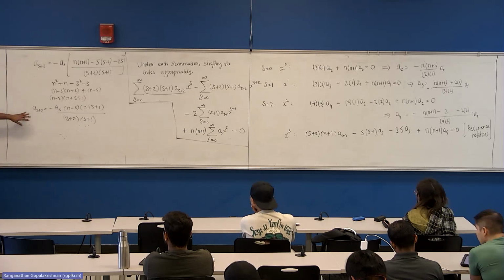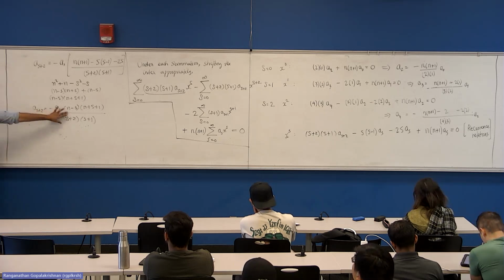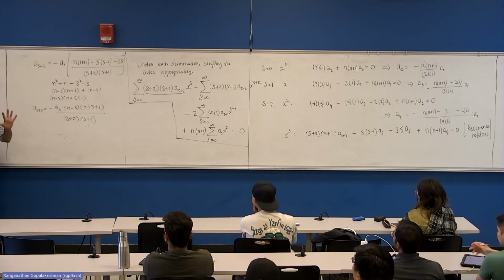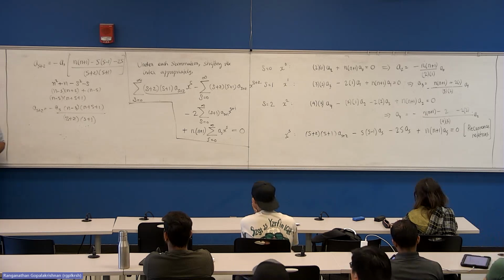So this is our recurrence formula, which sort of describes future values or later values of the coefficients. And we still haven't told what n is. n can be any real number. That's the assumption so far. Okay. All right.